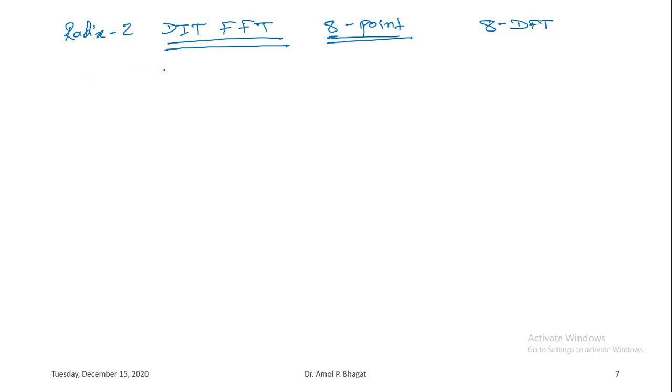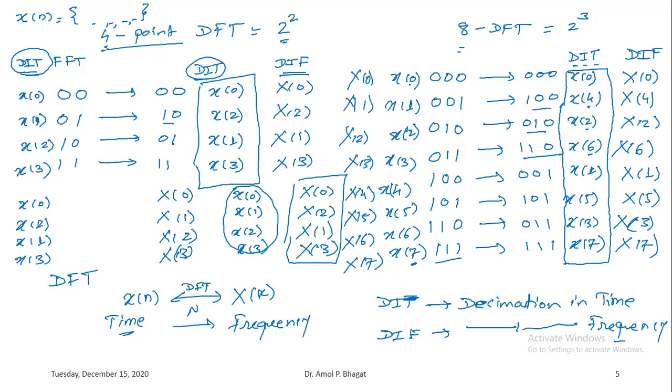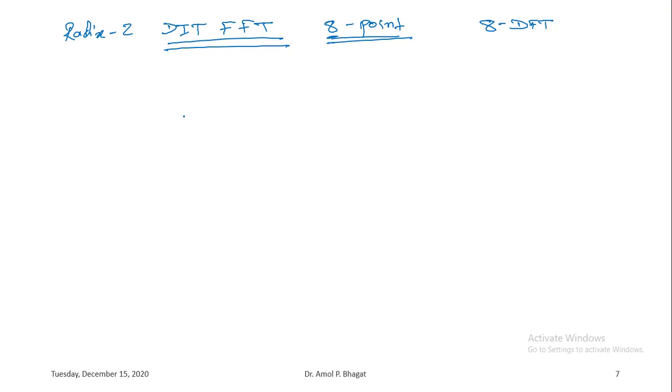As we are computing 8-point DFT, there will be 8 inputs, starting from x of 0, x of 1, x of 2 up to x of 7, as indicated here. So these inputs will be x of 0, x of 1, x of 2, x of 3, x of 4, x of 5, x of 6, x of 7 in case of 8-point DFT. Okay, so we'll draw initially 8 parallel lines here.